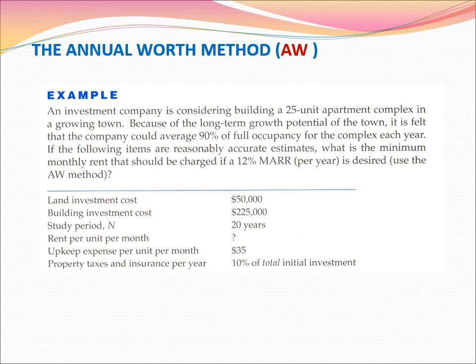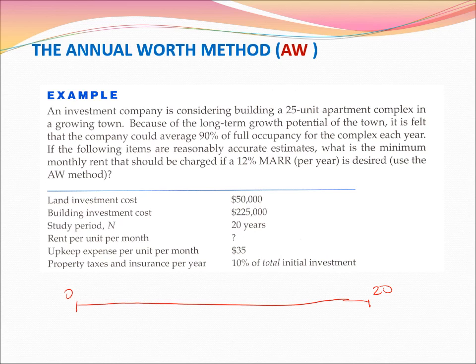So when you sketch the cash flow diagram, the rest is just finding the present worth or future worth or the annual worth. It will go back to chapter 4. Okay, so how can we sketch the cash flow of this one? First of all, the project lifetime is 20 years. So we need a cash flow for 20 years.